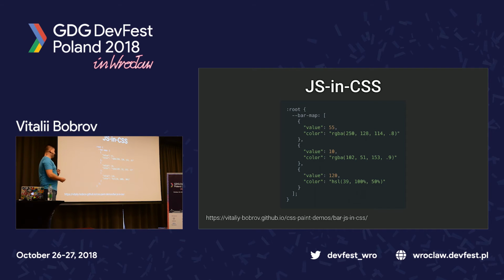Then I applied some techniques that are actually presented in the CSS specification. It's JavaScript inside CSS. Not CSS inside JavaScript, but the other way. So I have a custom property, and I passed a list of JSON objects with values and colors to use with bars. And then I animated them.